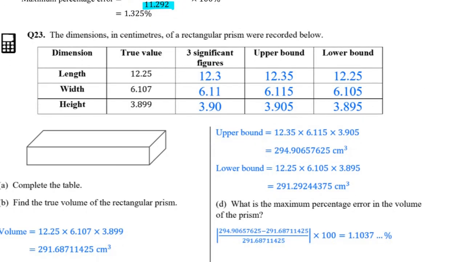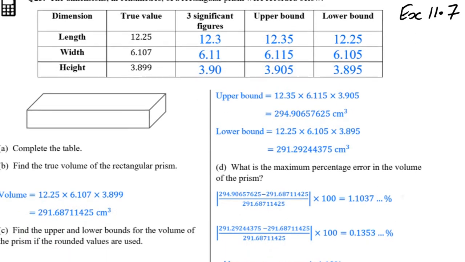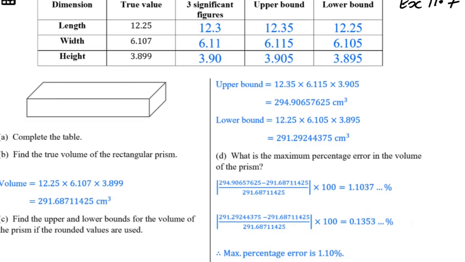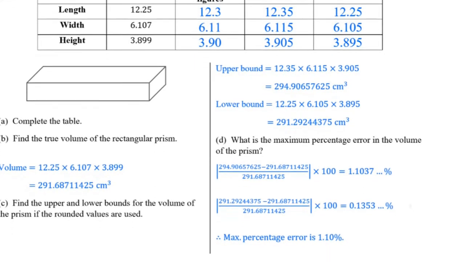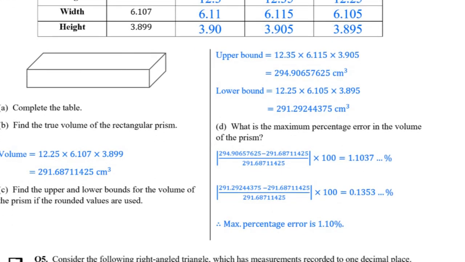So, if we look at question 23 from homework sheet 1, which one is this like? Okay, well this one is similar to example 11.7. Only this time we know what the actual true value is, because we're given that in the question.